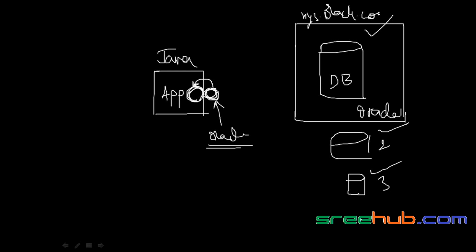I'm talking about the host name of this machine. The server is nothing but a physical machine, a Linux server whose domain name is xyz.oracle.com, and each and every database will be listening on something called a port.